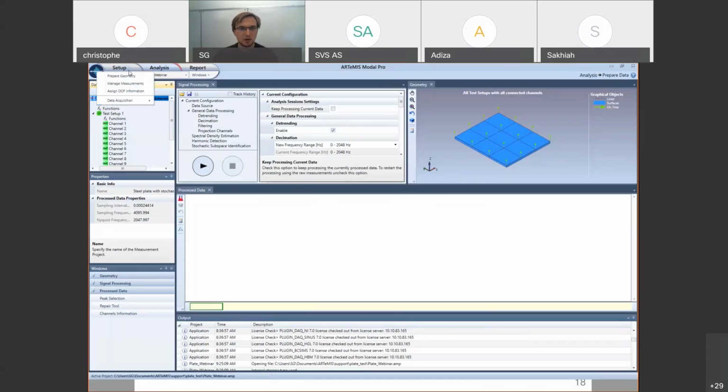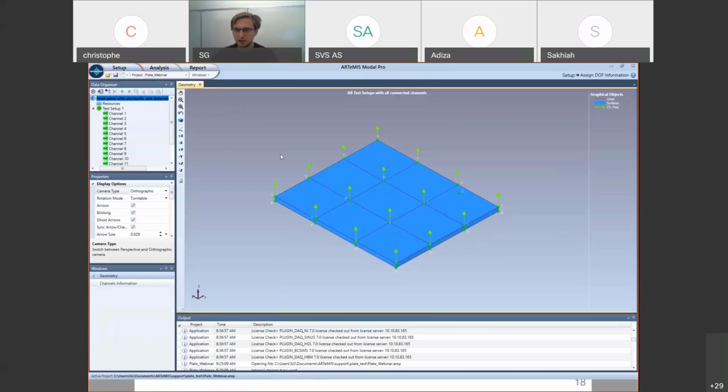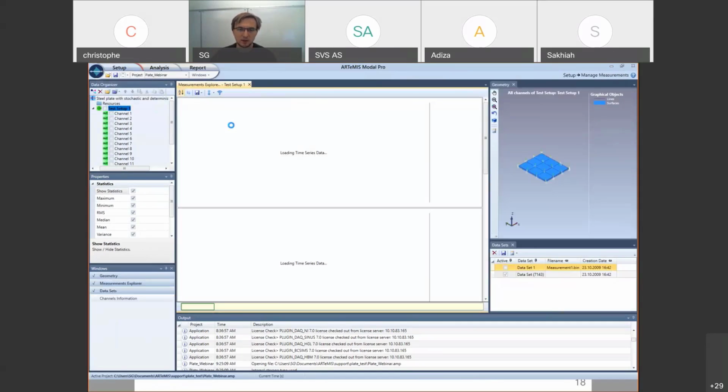So let's see how our plate looks. Here we can see the geometry of the plate with the 16 acceleration sensors attached. The measurements are already uploaded in the manage measurement task.